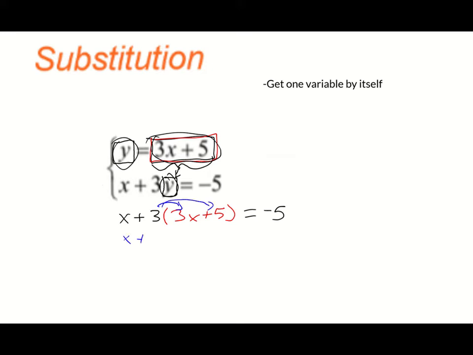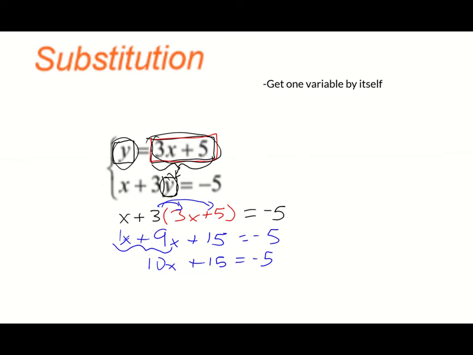And we have x plus 9x plus 15 equals -5. We need to combine like terms. So these two guys are like each other. They both have an x. That's a 1x. So now this is 10x plus 15 equals -5.